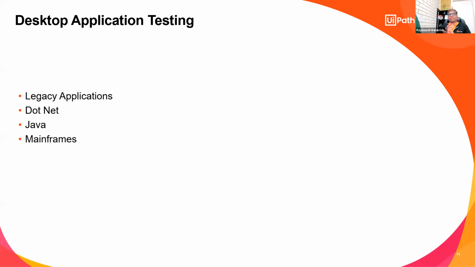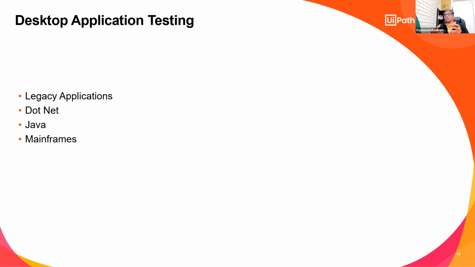In the desktop application area, there are so many technologies in the market. Every company has its own standards, policies and principles to develop software, and they have developed using a lot of technologies. We don't even know the names of such technologies, like COBOL, Fortran, and even before that they developed software.